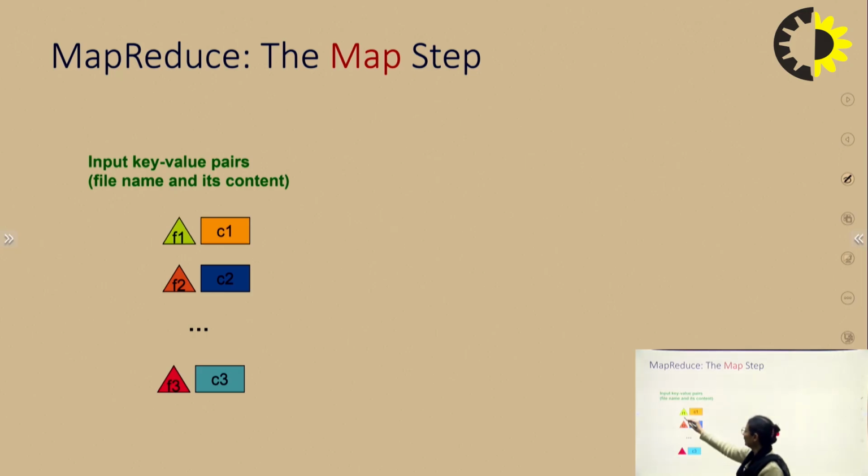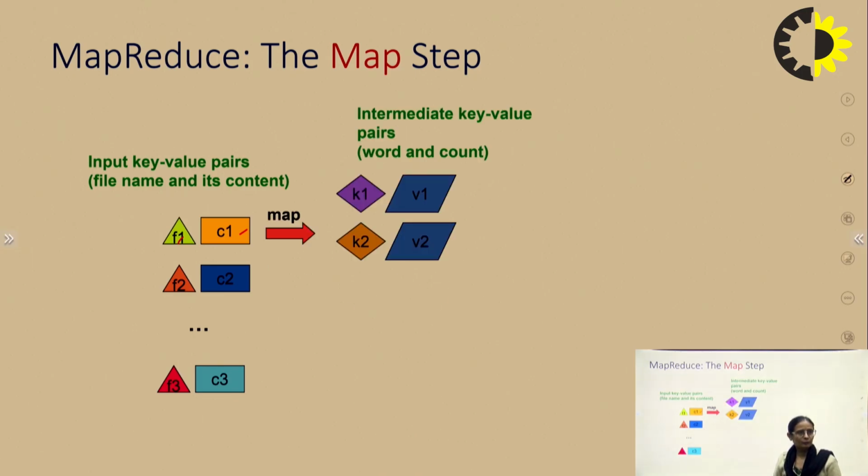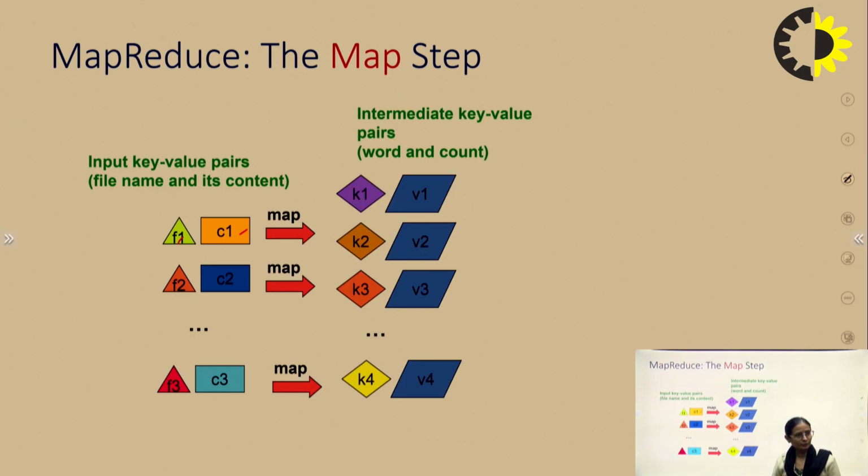Now we pass it to different nodes, where we have the file names and the content. Then we give it to the mapper function. The mapper function produces the intermediate results, which comprise key value pairs, that is, word and count.